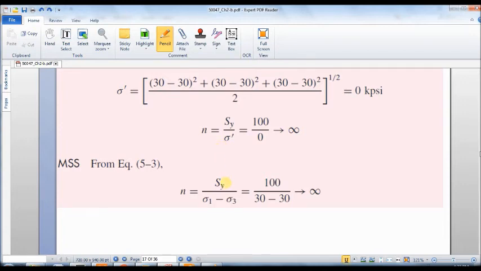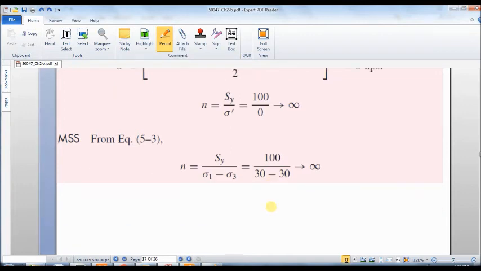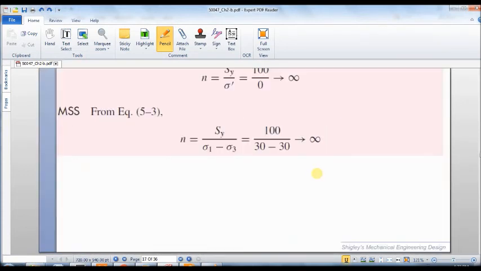Later on, we can use the second case to find the shear stress, and again shear stress is zero, because as I told you the distortion energy is zero. When distortion energy is zero, there is no deformation, no shear stress, and again the safety factor is infinite.